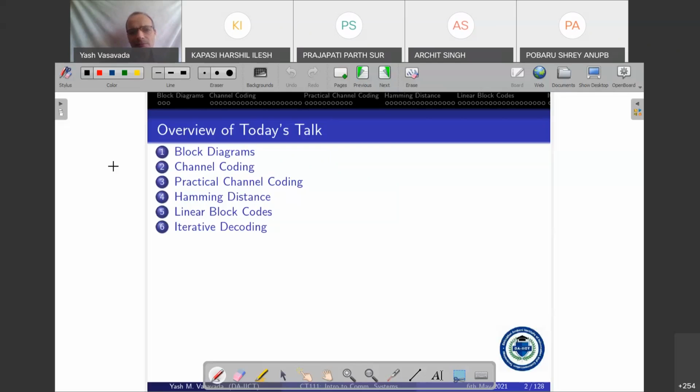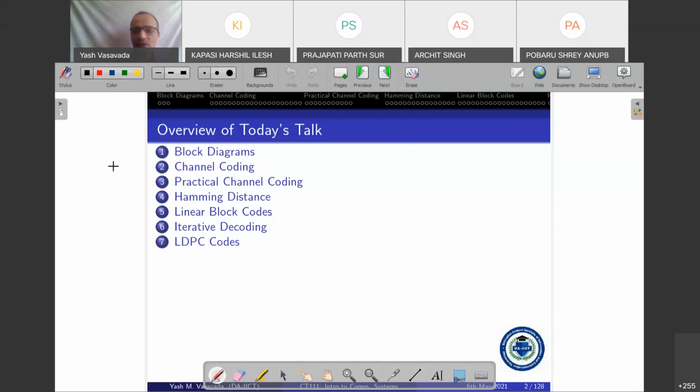And then we are going to look at an aspect of channel coding which is very relevant in today's world in 5G systems and in the future generation. This iterative decoding is gaining a lot of importance. And it's a very elegant, very nice technique that also is very easy to understand. Okay, so that will go over.